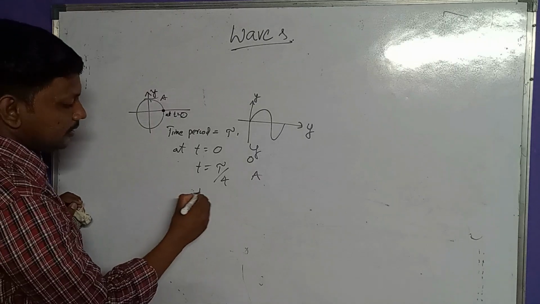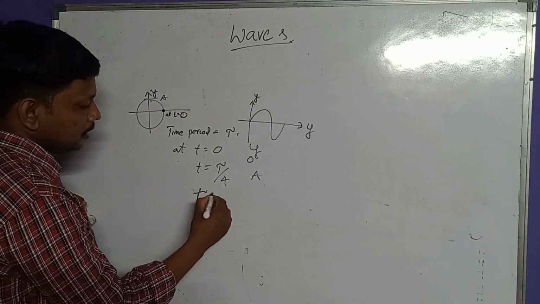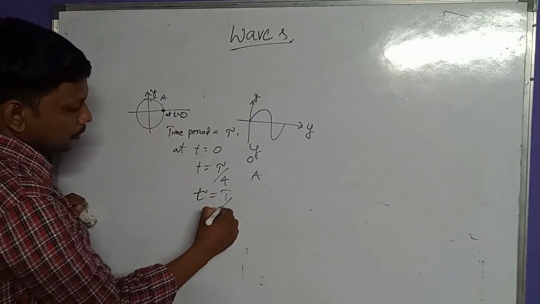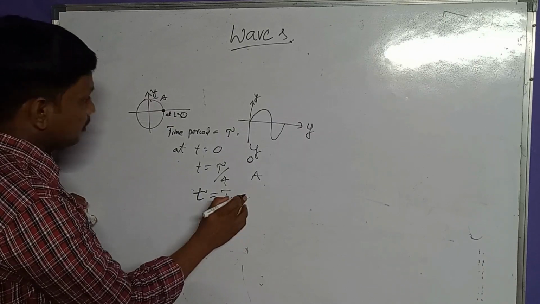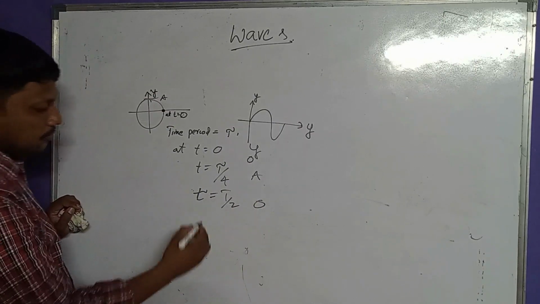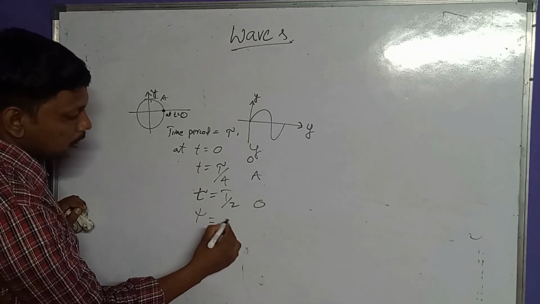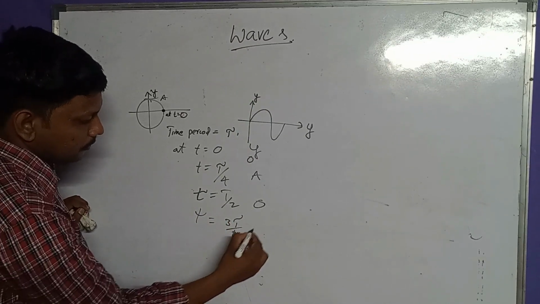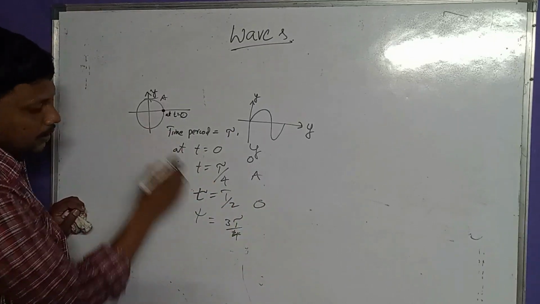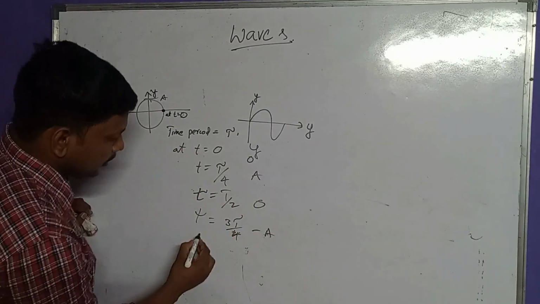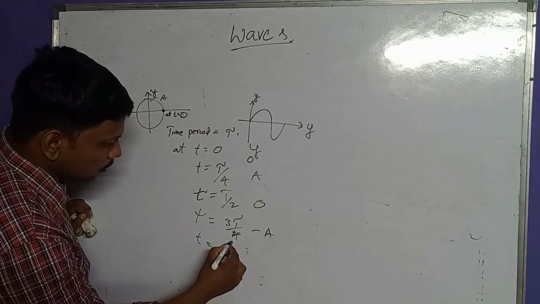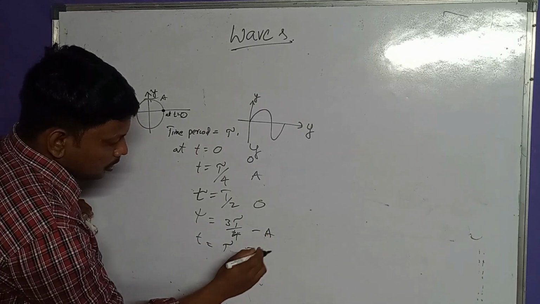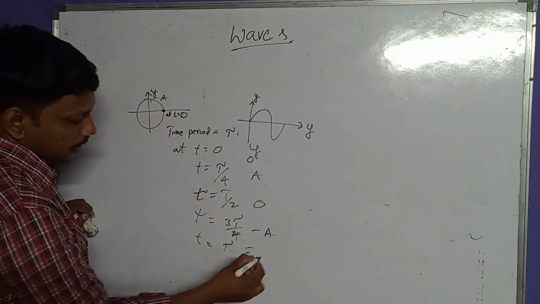At t equal to tau by 2, y is equal to 0. At t equal to 3 tau by 4, y is equal to minus a. At t equal to tau, y is equal to 0 again.